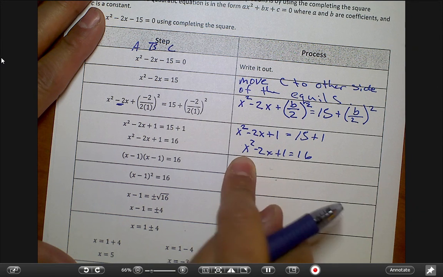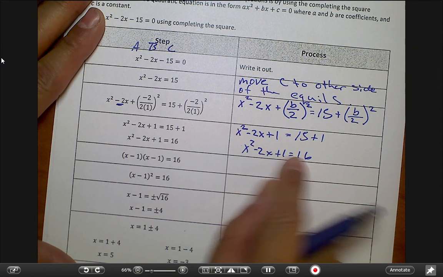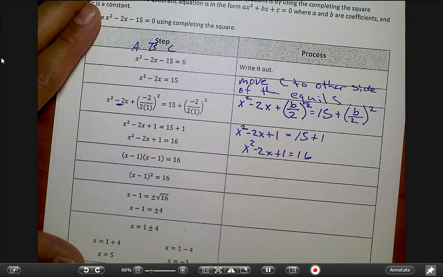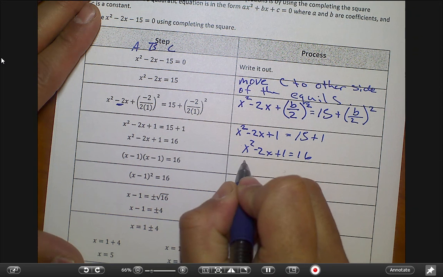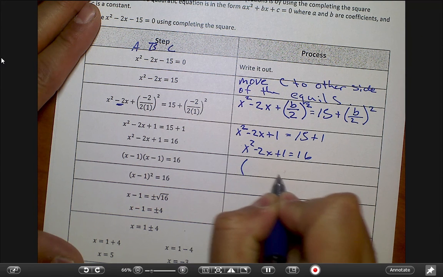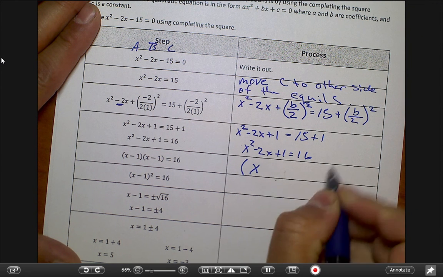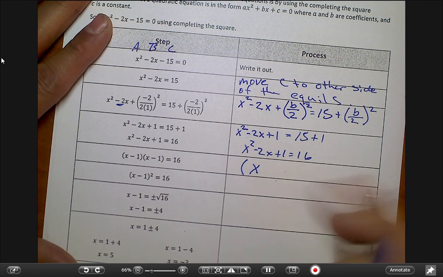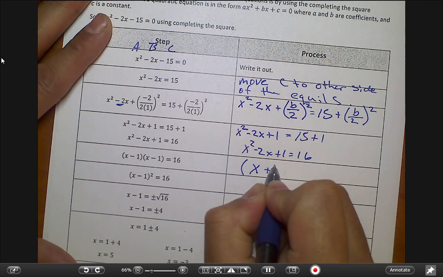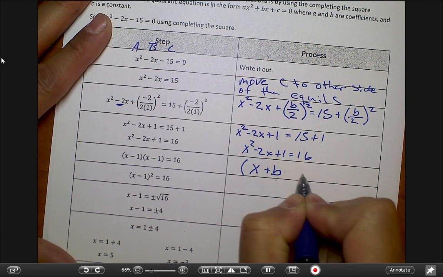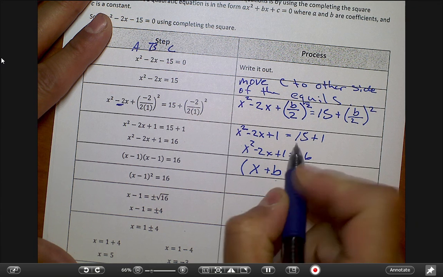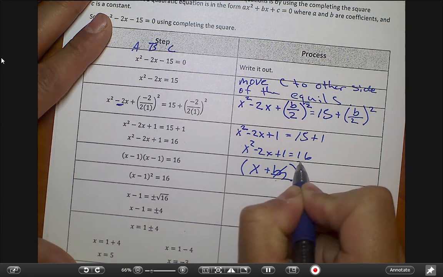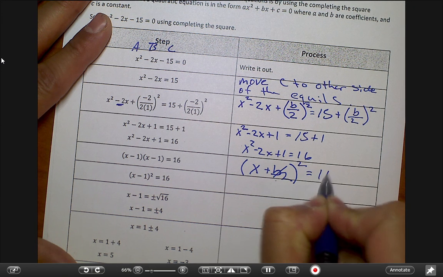Now, this next thing right here, the whole reason why we did that is it's called completing the square. So I'm turning this into a perfect square. It's going to look like this: parentheses x plus b divided by 2, squared, equals 16.